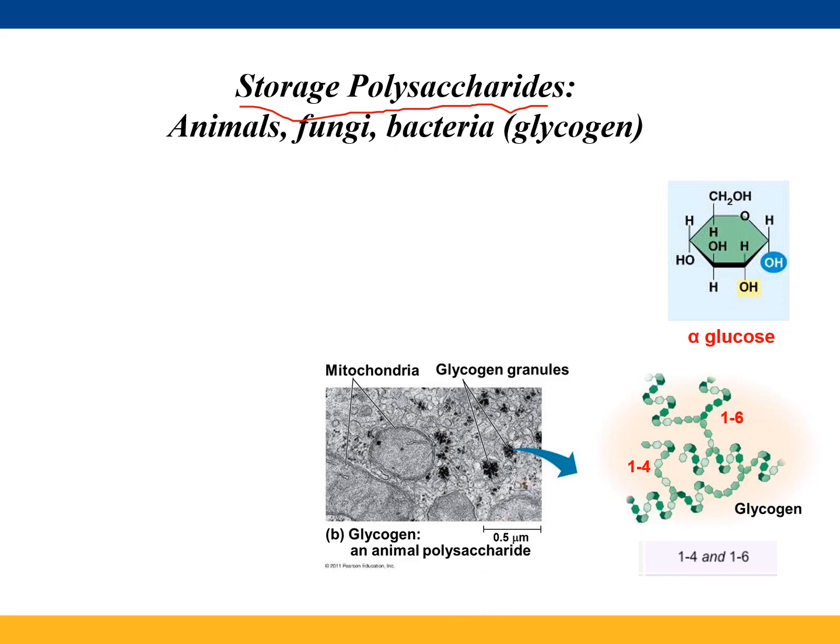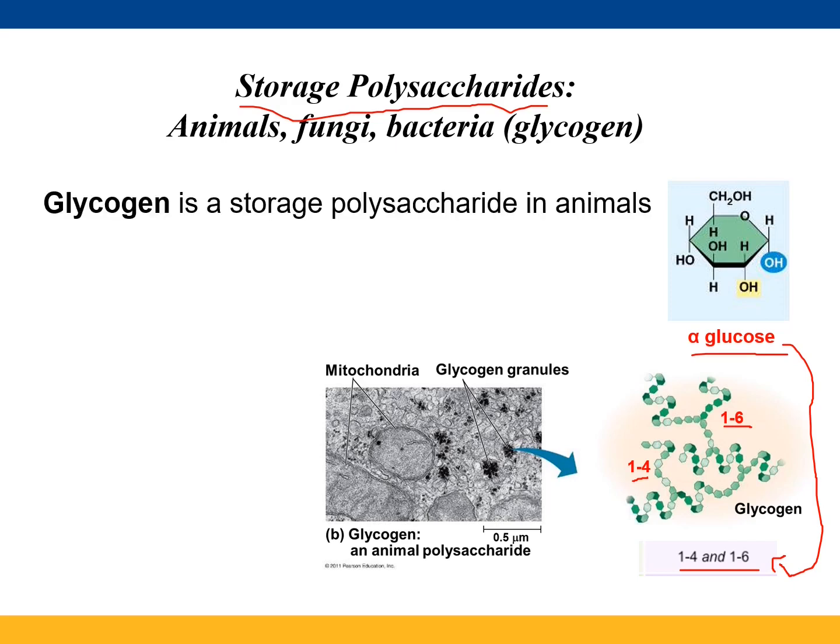Now, something that is important is that if you see, although they have an alpha glucose ring, the glycogen has two types of glycosidic linkage. One that goes to the carbons 1 and 4, and they form the ring like that, and the other ones they form the ring joining the carbon 1 and 6.